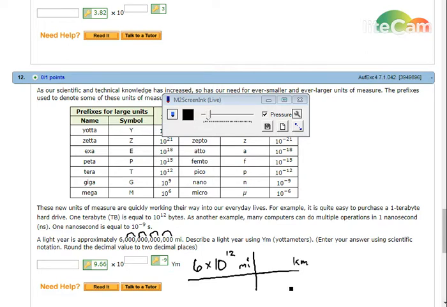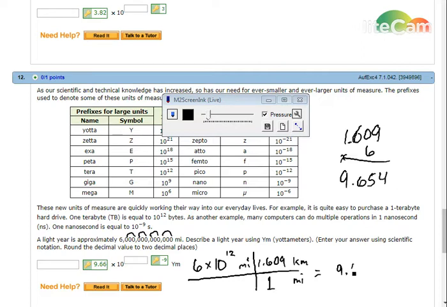According to one of my textbooks, 1 mile is equal to 1.609 kilometers. If I multiply 6 times 1.609, I get 9.654.